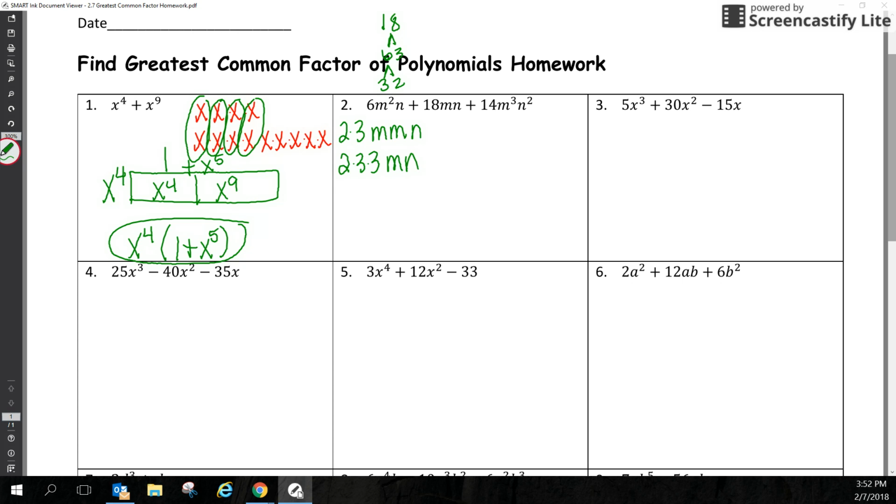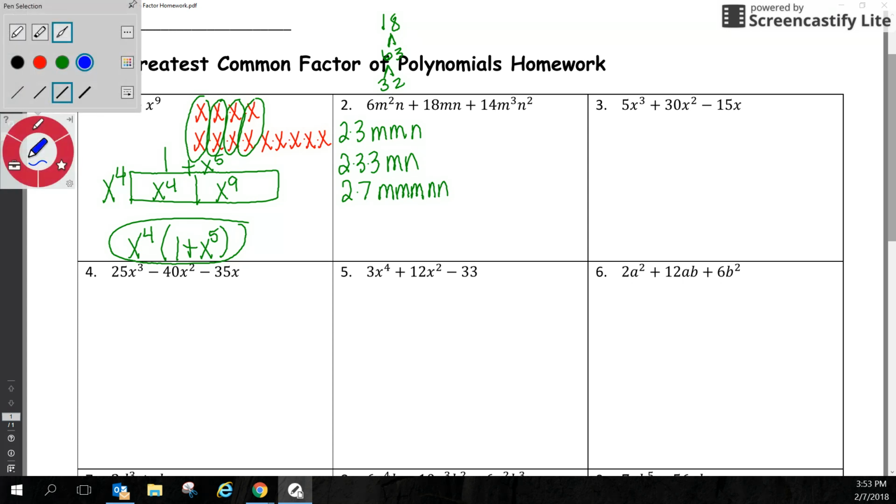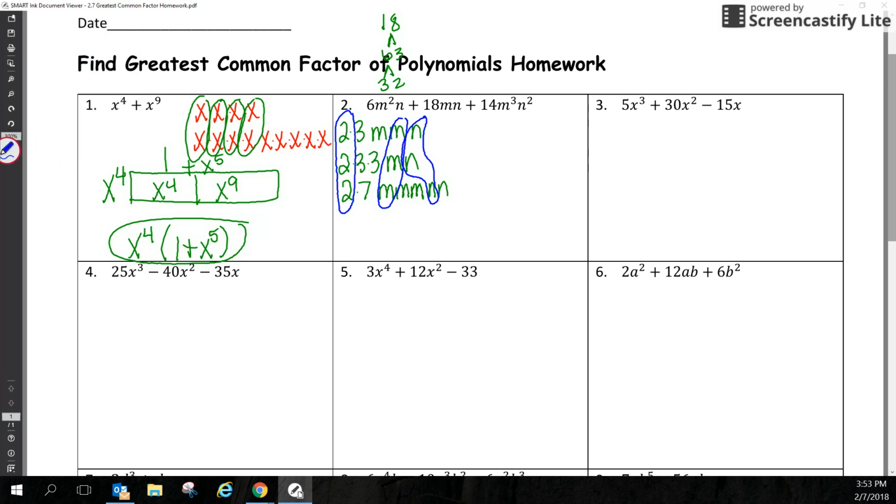My factors of 14 are 2 times 7, 3 m's, 2 n's. So what they have in common would be a 2, 1 m, and 1 n. So my GCF is going to be 2mn.